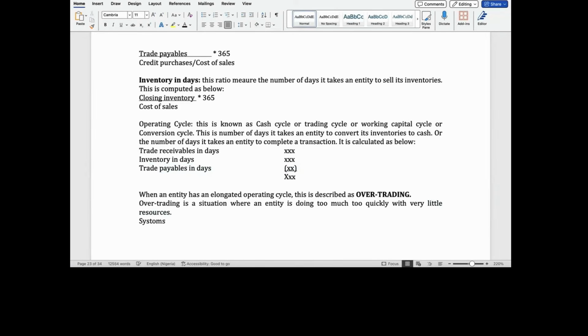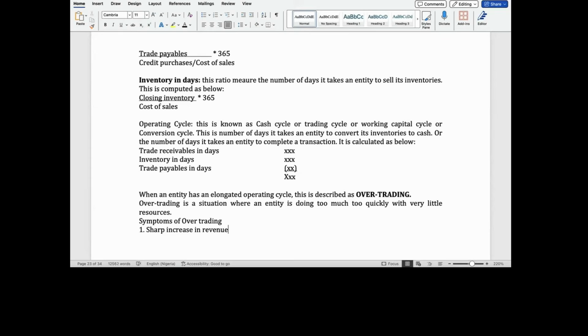So these are the symptoms of overtrading. What are the symptoms of overtrading? Number one, like I mentioned, you see a sharp increase in revenue.